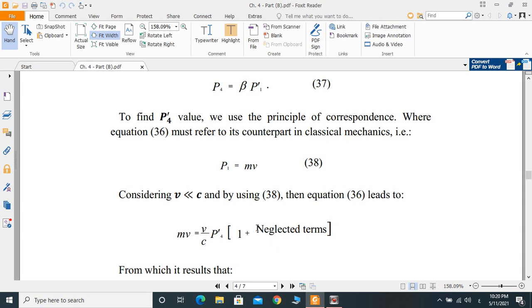Very small terms can be neglected with respect to 1.